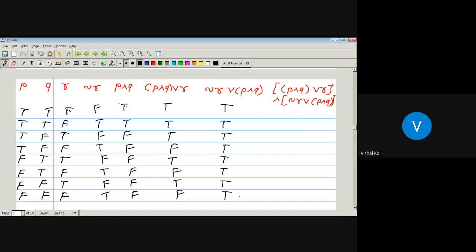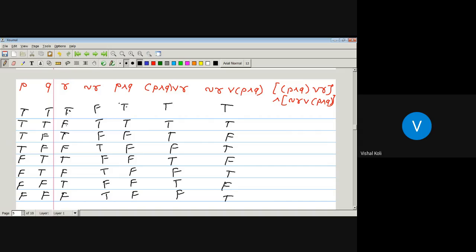I think somewhere something is missing. Sorry, I have considered with this one. We have to consider with the second, third, and fourth one. Okay, so I have taken with this one. We have to take with this one. F T T, T T T, F F F, T F T, F F again F, T F T, F F F, T F.